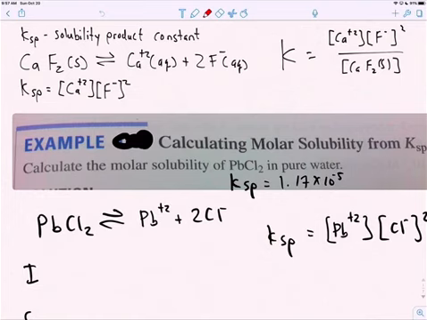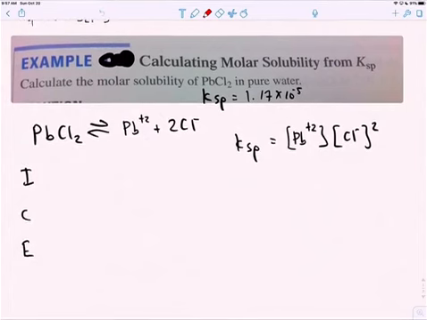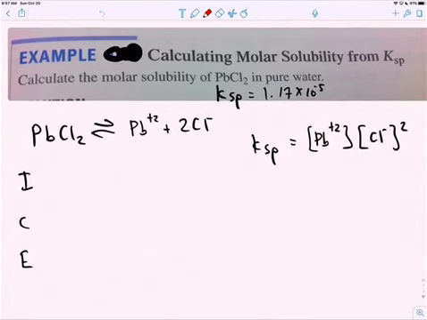Concentration of a solid is constant. Therefore, the Ksp, the equilibrium constant, the solubility product constant, is equal to the ions raised to their powers. So calcium times fluoride squared. So that's applying equilibrium constants to other things.